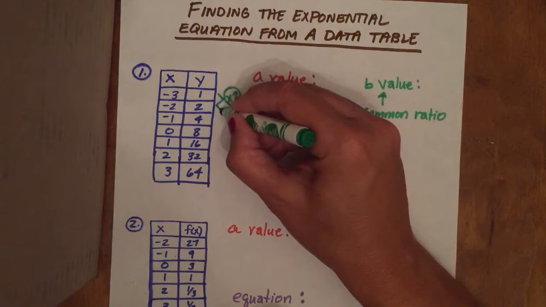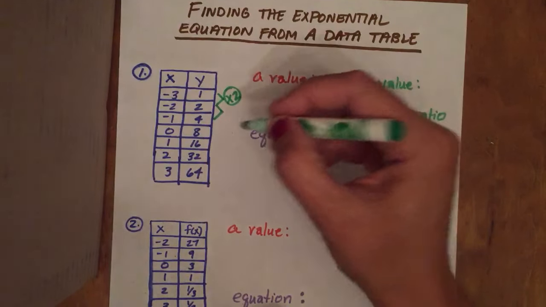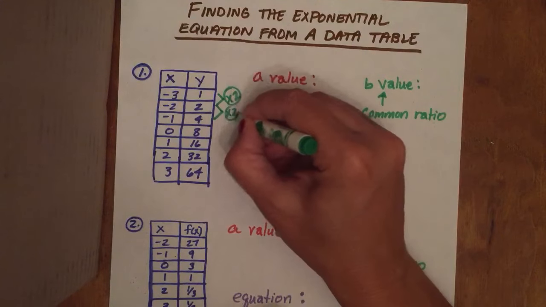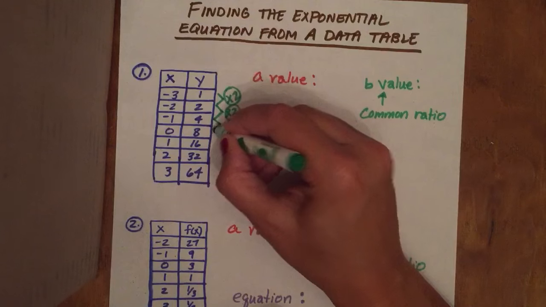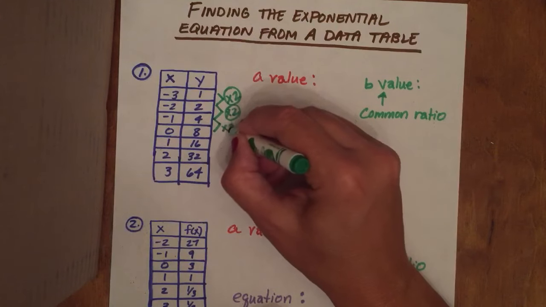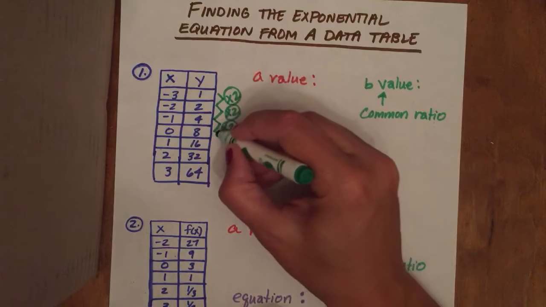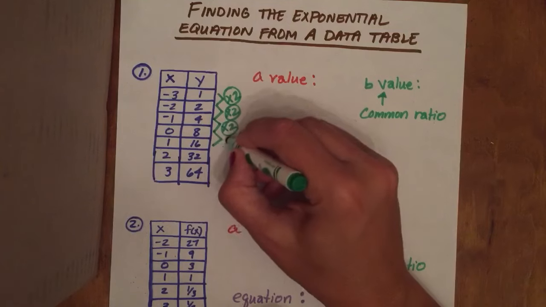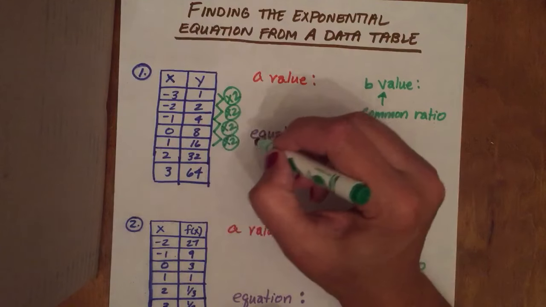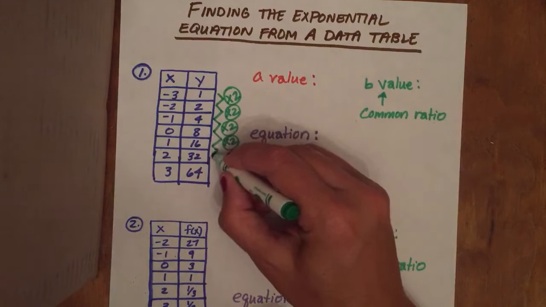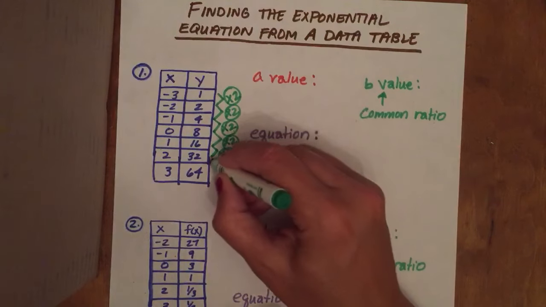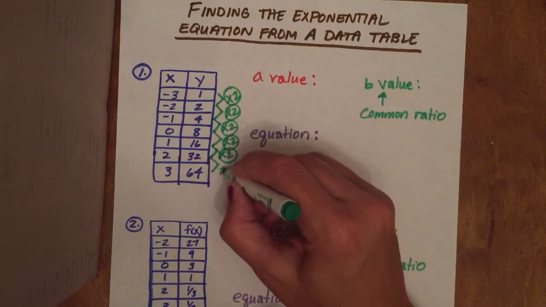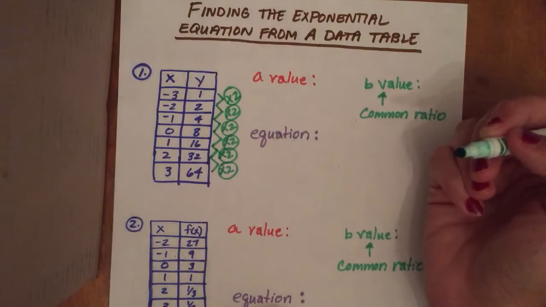So let's check these. How do I go from 2 to 4? I multiplied by 2. So far, so good. Now let's go from 4 to 8. That's multiplied by 2. 8 to 16, once again, we multiplied by 2. 16 to 32, once again, multiplied by 2. 32 to 64, once again, multiplied by 2.